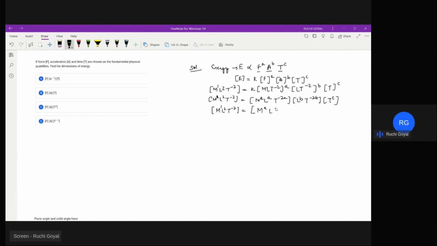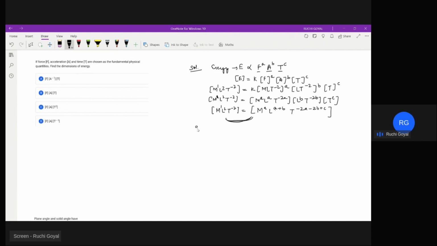What is L? L is a plus b. Next is T. T is minus 2a minus 2b plus c. Correct?